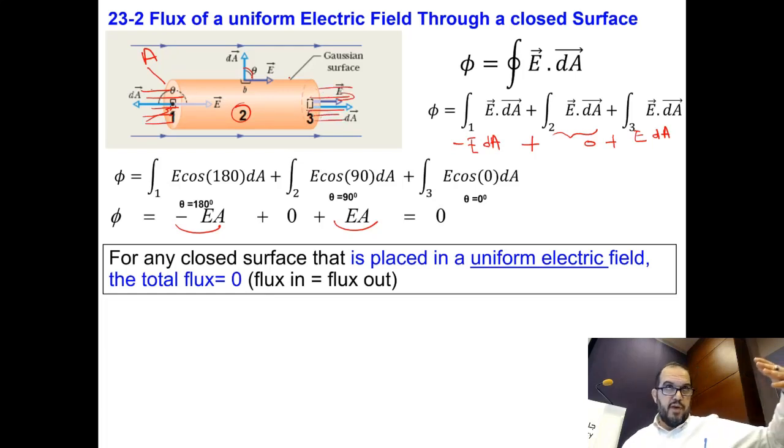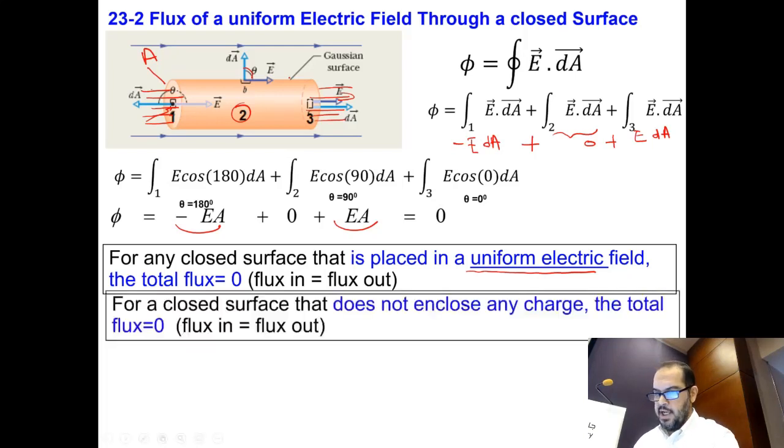So the number of electric field lines moving into this closed surface and moving out cancel each other. The total flux is 0. But I underline, this is in the case of a uniform electric field. We will use a more general rule later on to generalize it.